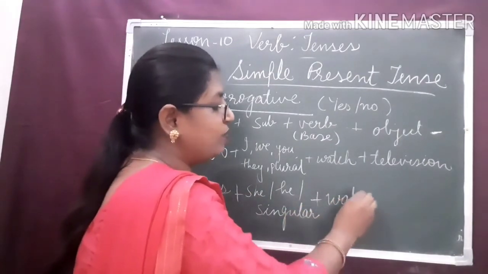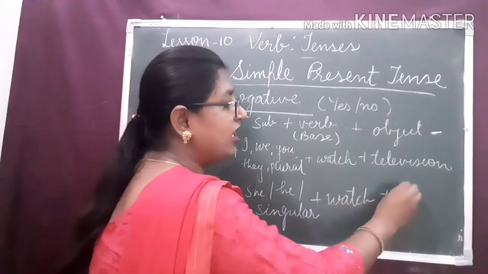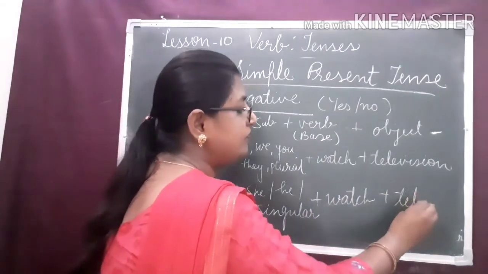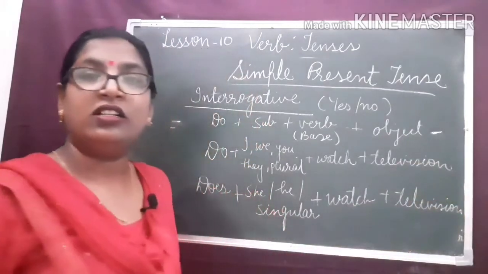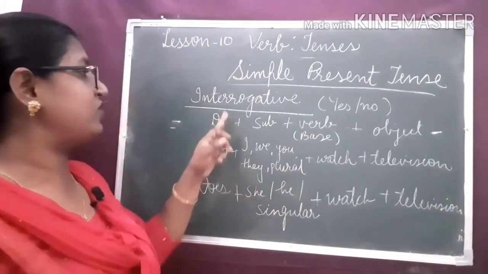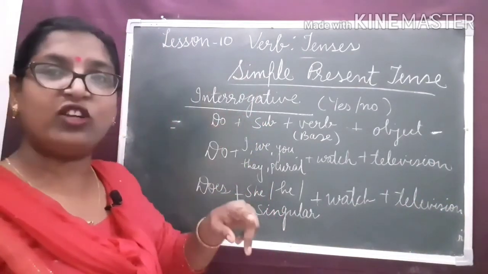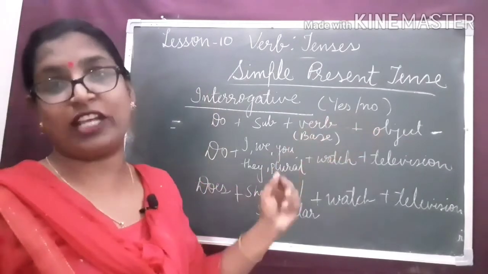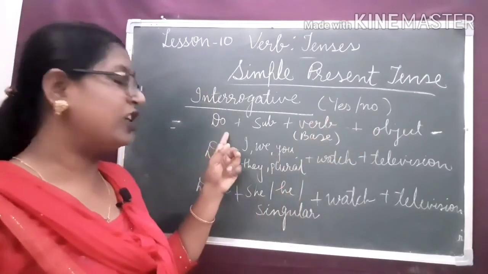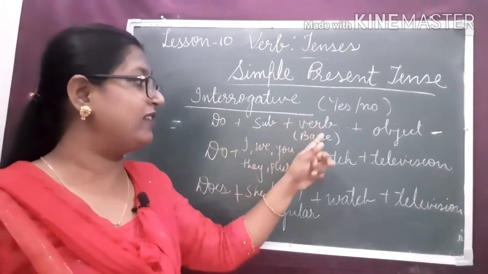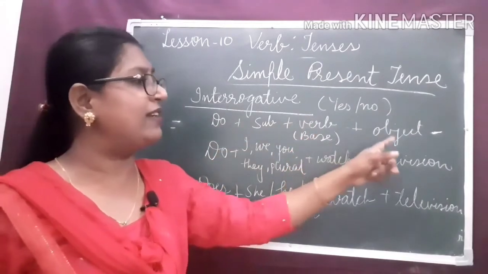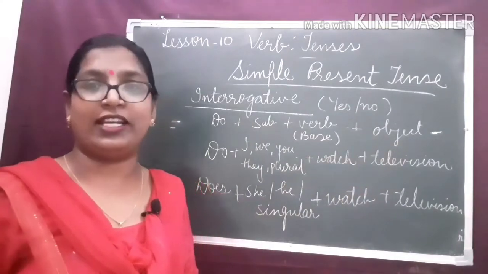The verb in its base form, and then comes the object. Clear? This is about the structure of the interrogative sentence. Which kind of interrogative? It is the yes no type question. First of all comes the form of the do verb, then comes the subject followed by the verb in its base form, and then comes the object.